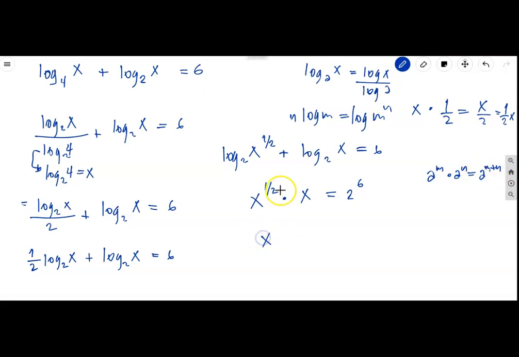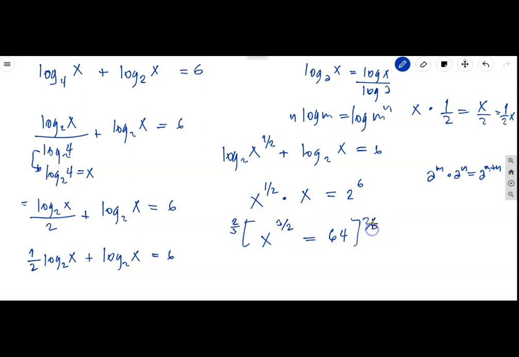Therefore, we have x to the 1/2 plus 1, which is 3 over 2, equals 2 to the power of 6, which is 2 times 2 times 2 and so on, giving 64. To eliminate the fraction, we multiply both sides by 2 over 3.